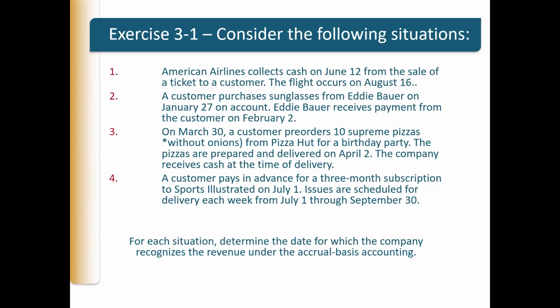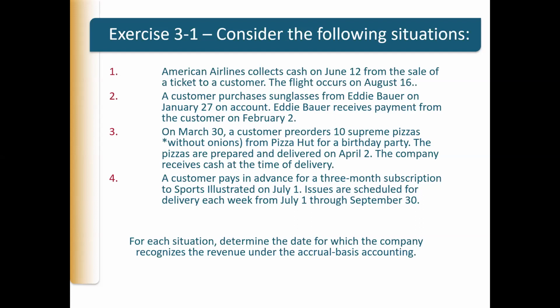Guess what? Stephen X is absolutely correct. So let's think this through. Stephen, you got it perfect. What I'm doing is just delving a little deeper. The journal entry on June 12th, when American Airlines collects the cash from the sale of a ticket, American would debit cash, credit deferred revenue.